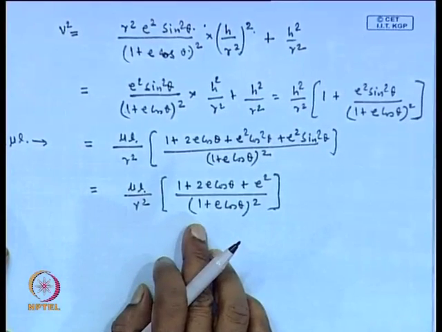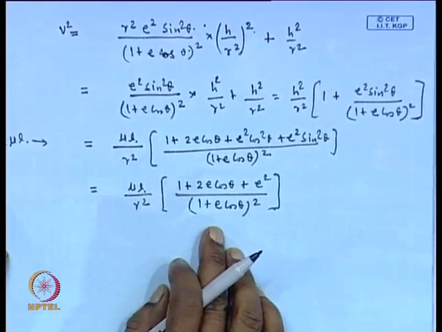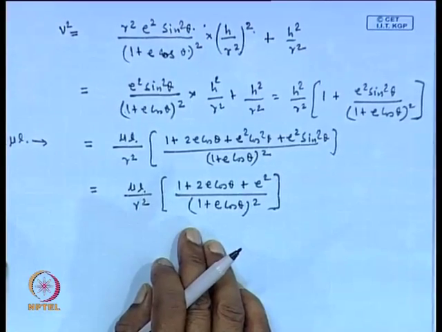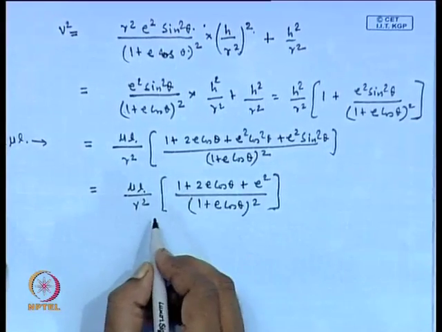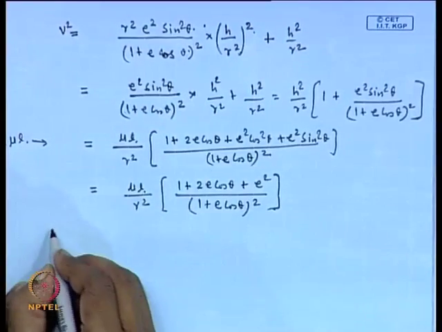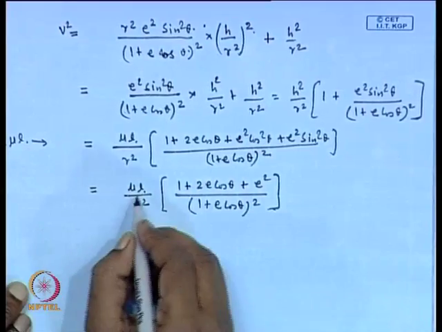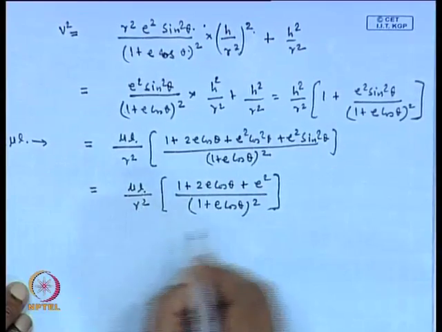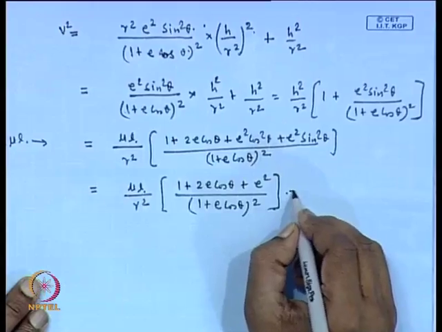Now, it is very easy to see the complete result from this place. Okay. So, what we do now, we need to evaluate, we can further simplify this a little bit.